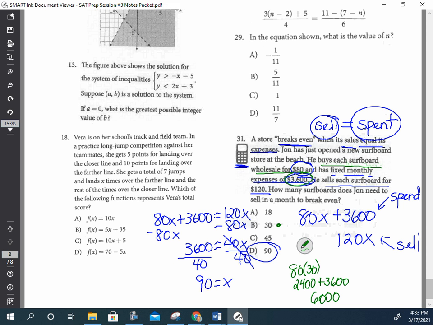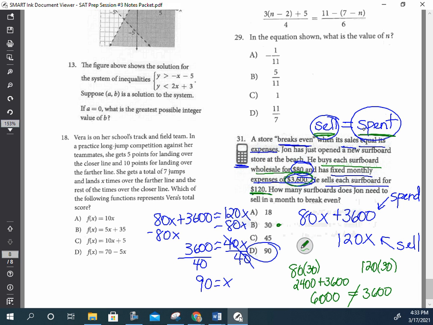Now we still use 30 for the amount that he sold. If you take 120 times 30, that gives you 3,600. Those aren't equal. And remember, how much he sells has to equal how much he spent.